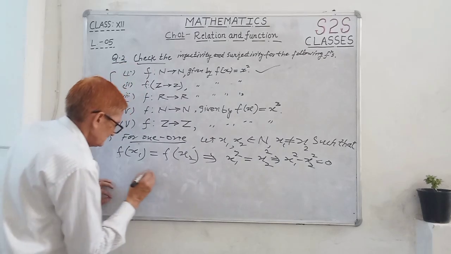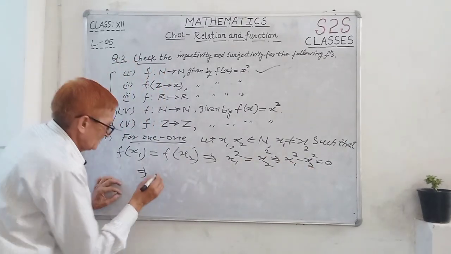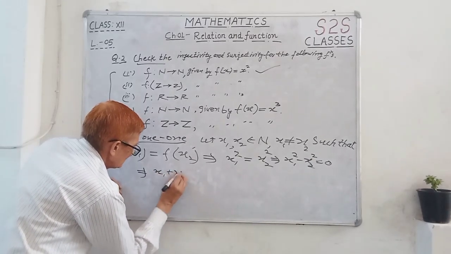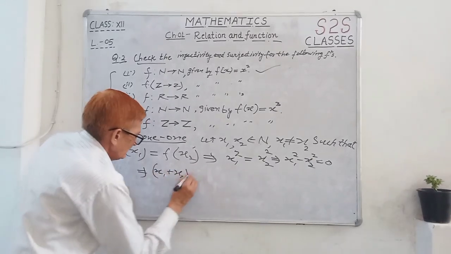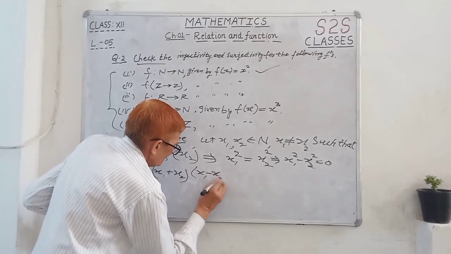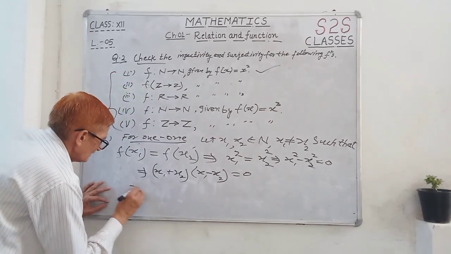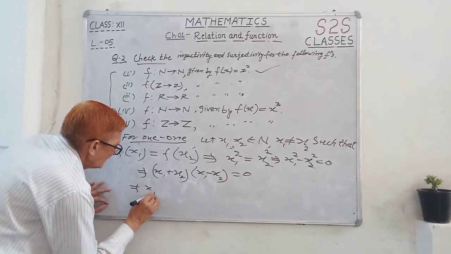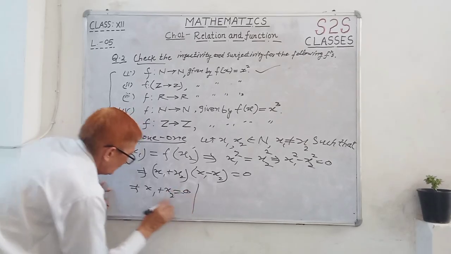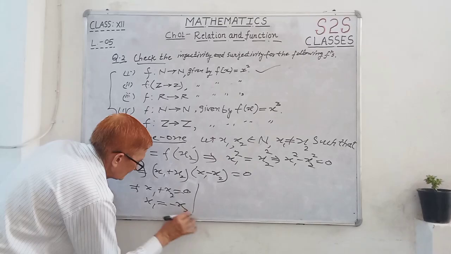Using a square minus b square is (a plus b)(a minus b), so (x1 plus x2)(x1 minus x2) is equal to 0. Then x1 plus x2 is equal to 0, then x1 is equal to minus x2.